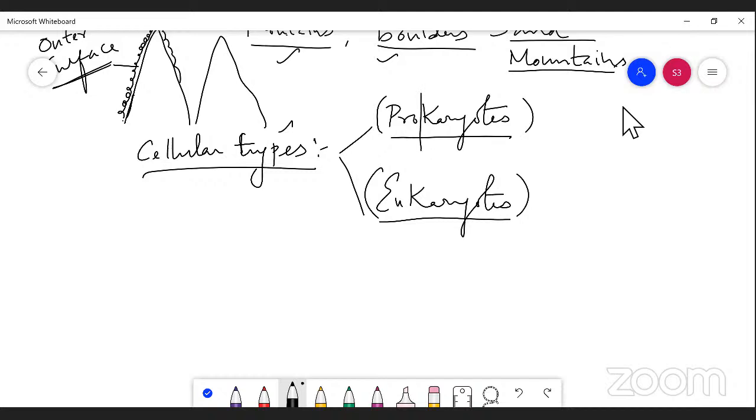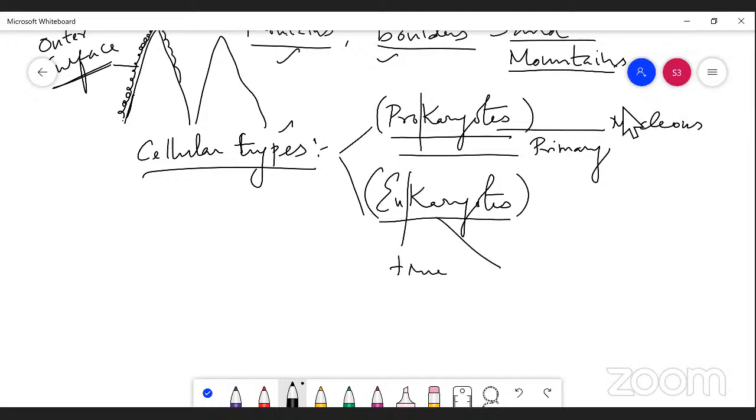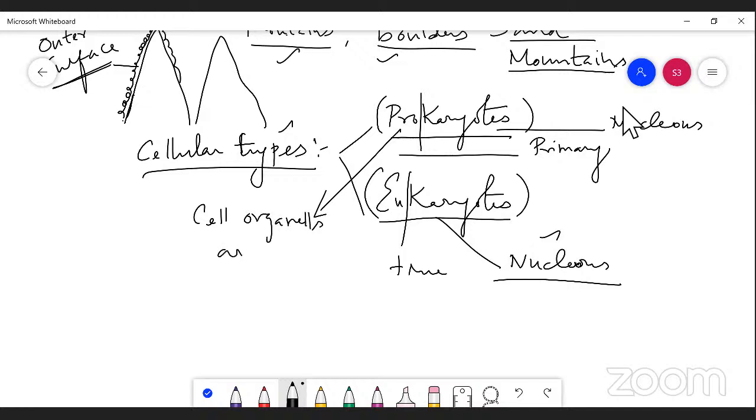Pro means primary, karyote means nucleus, and eu means true. In prokaryotes the cell organelles are absent.